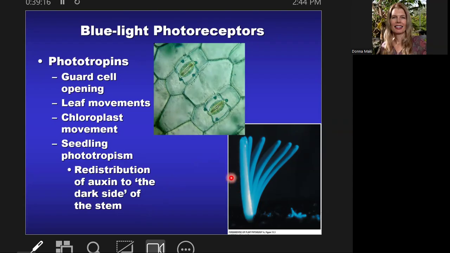And that causes the bending over toward the light. So phototropin has to get hit with blue light in order for all that to kick off. Once that happens, auxin shifts to the dark side and stimulates the dark side to grow. And that causes the bending.